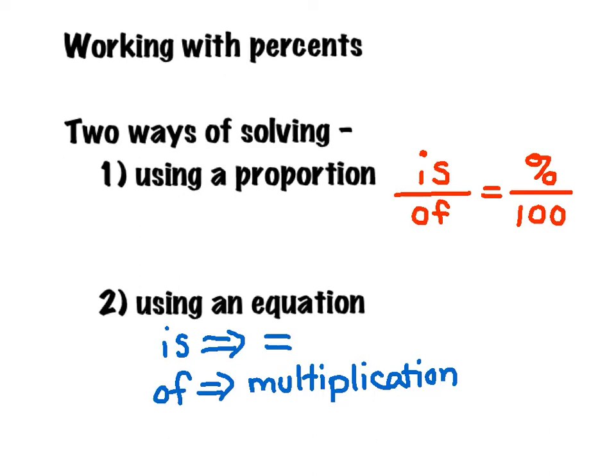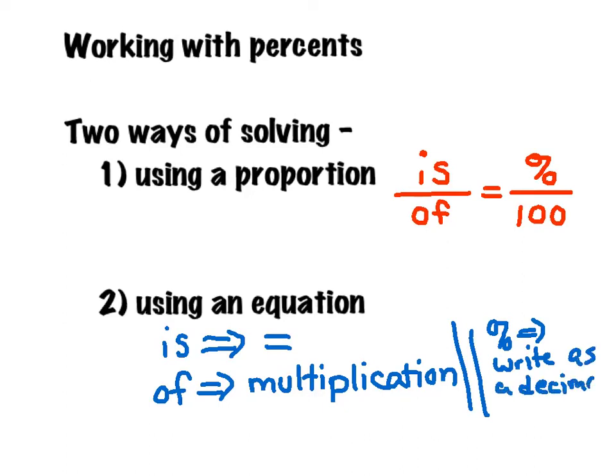The last thing I need to remember is anytime I'm given a percent, I need to write that percentage as a decimal or a fraction. So you have a choice there, okay? Probably most commonly we write it as a decimal, but a fraction is just as valid, and sometimes it's actually easier. So let's go on to some examples.